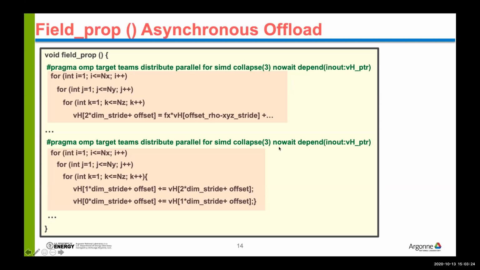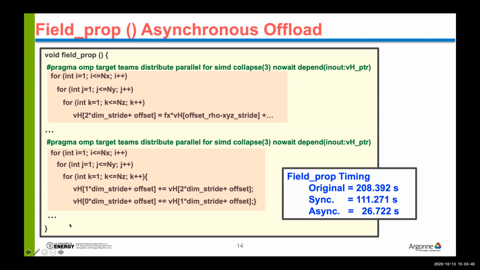However, this could lead to a data race, as all these kernels read and write this VH variable. To resolve this issue, we add a dependency clause between the GPU tasks, along with a synchronization construct. And now we see that after the update, the timing has reduced further.